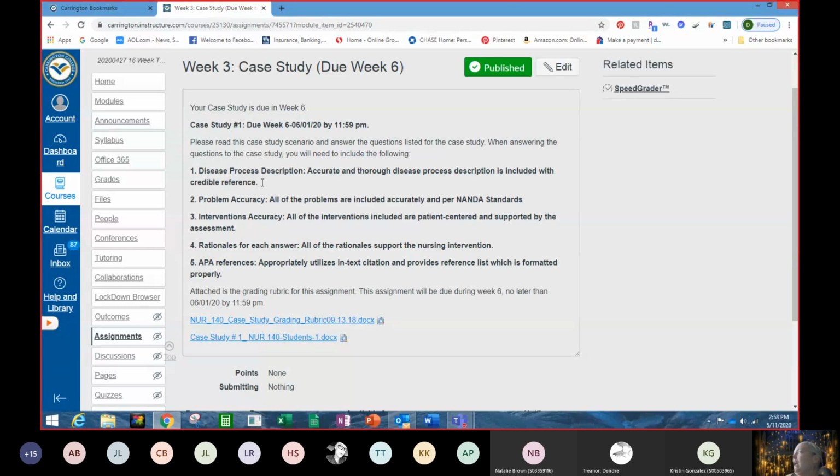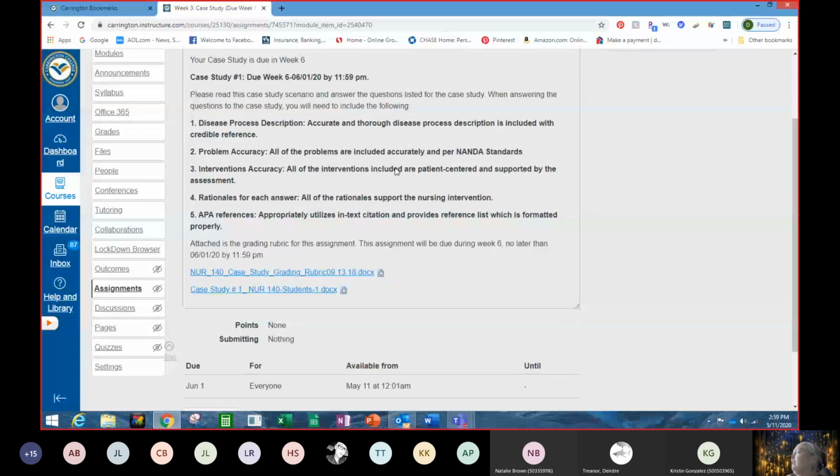Again, you guys can use the nursing diagnosis book, which has a lot of good disease process information. Your medical surgical book also has disease processes. Problem accuracy: all of the problems are included accurately per NANDA standards.